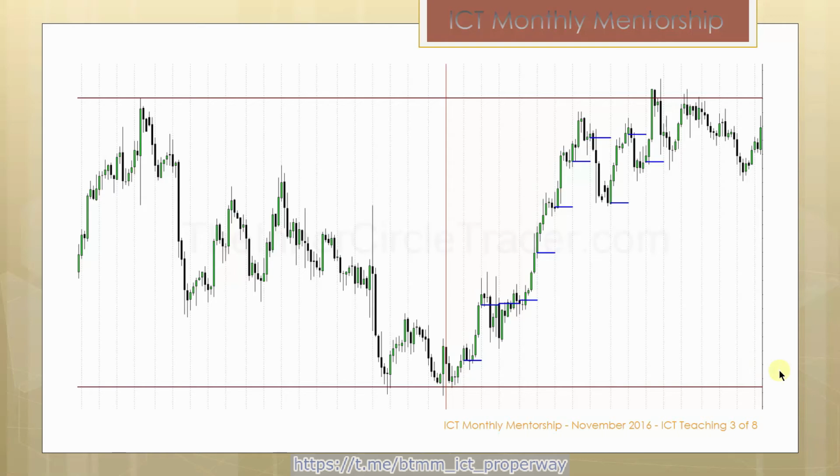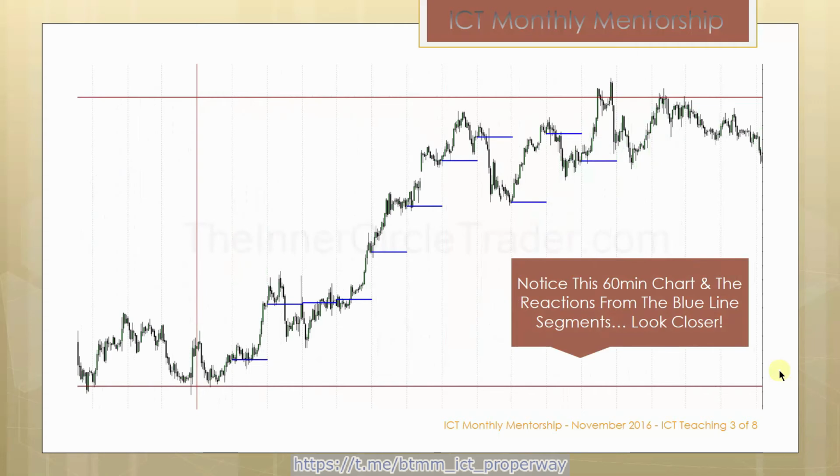And you probably already noticed there's some blue line segments on there. So we're going to start talking about some super secret sauce. We're looking at now a 60-minute chart. And I want you to take a look at the reactions that happen from the blue line segments. Okay, and I want you to look at it real close. Those blue lines are one of the coolest things I discovered about price action.